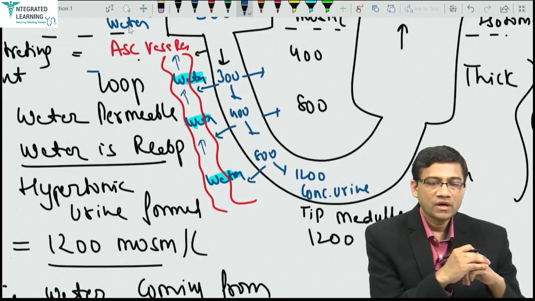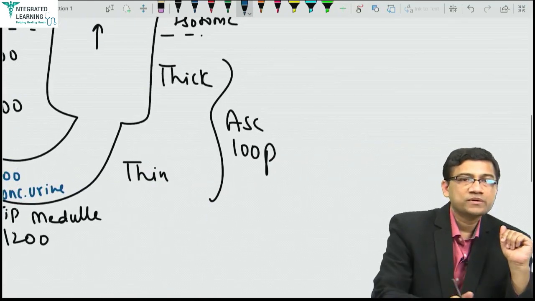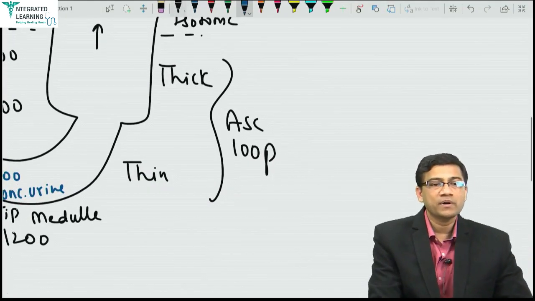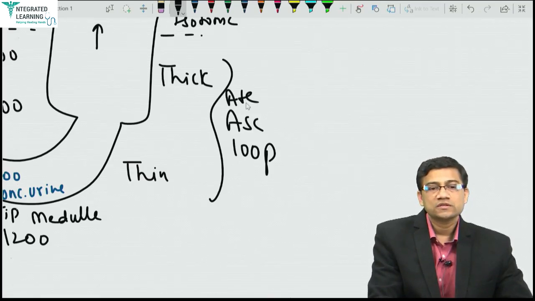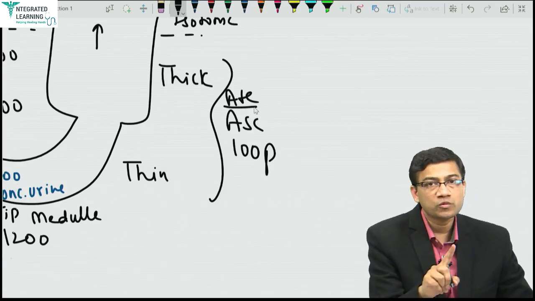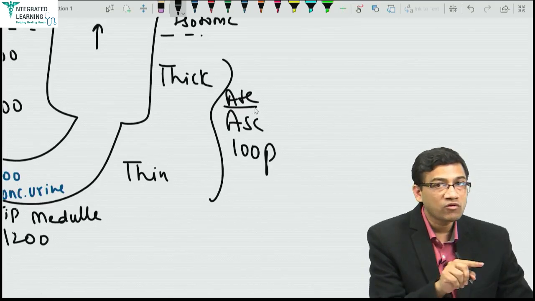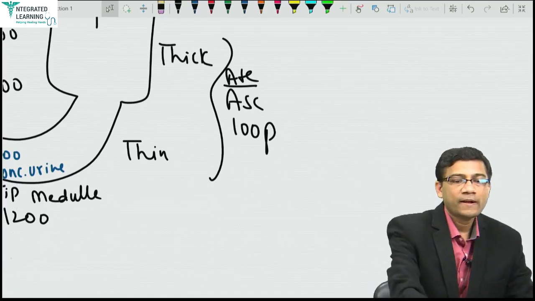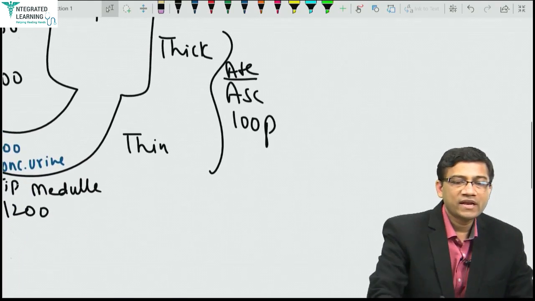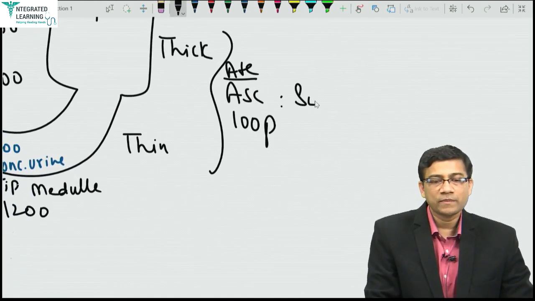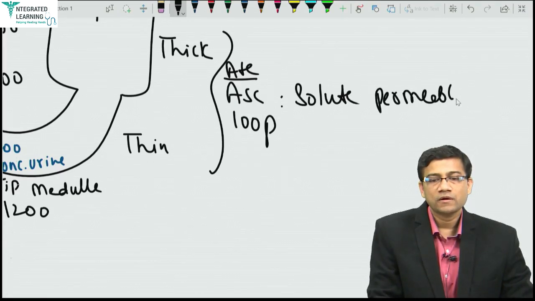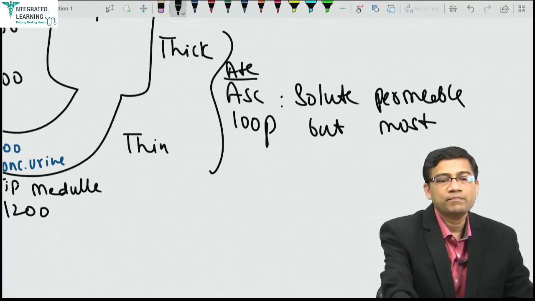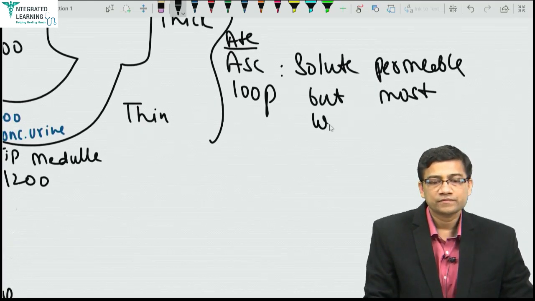Okay. Now let's come to the ascending loop. Ascending, remember, eats salts. So it is what permeable? Solute permeable. So descending drinks the water, ascending eats the salt. So ascending loop of Henle is solute permeable, but most water impermeable.